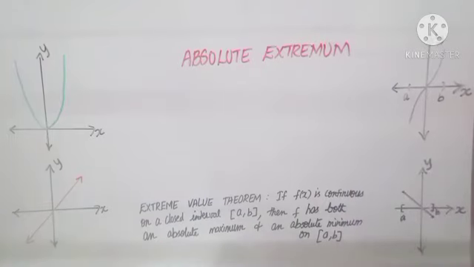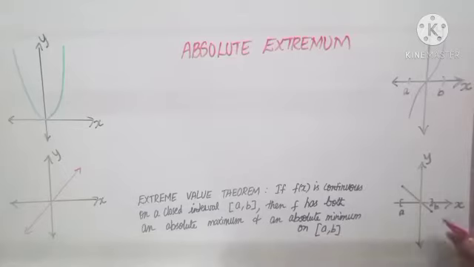Look at this example. Here you are given a closed interval. It starts from A and ends at B. The line goes like this. Measure the heights. I can check which is the highest out of all the y values. This is the highest and this is the lowest.